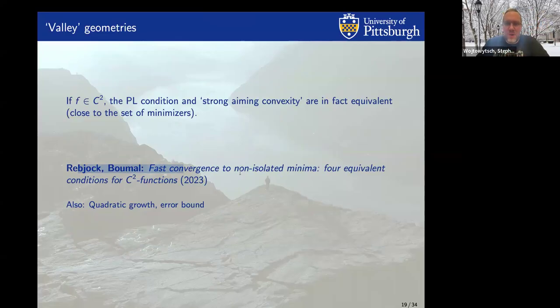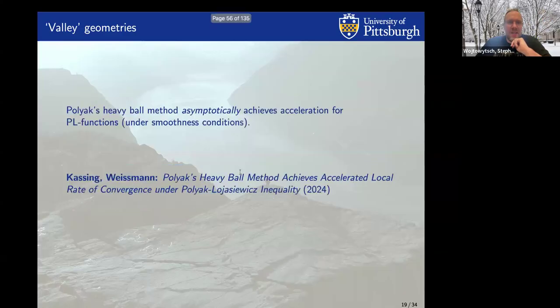Theirs is equivalent to ours, and close to the set of minimizers, all of them are at least, assuming C2 regularity, equivalent. So yeah, these two frames are order reversed. That is the idea that Polyak's heavy ball method does achieve accelerated local rates of convergence.